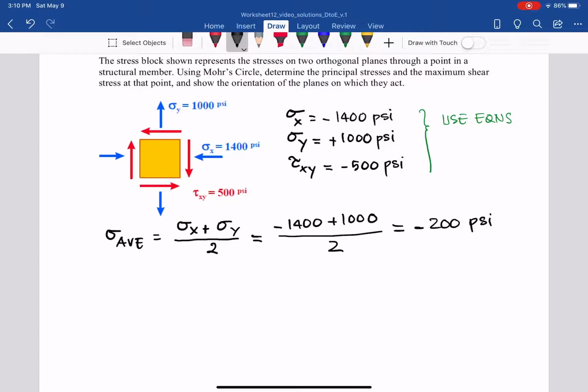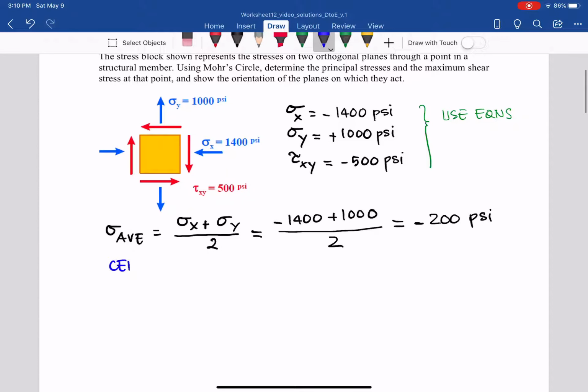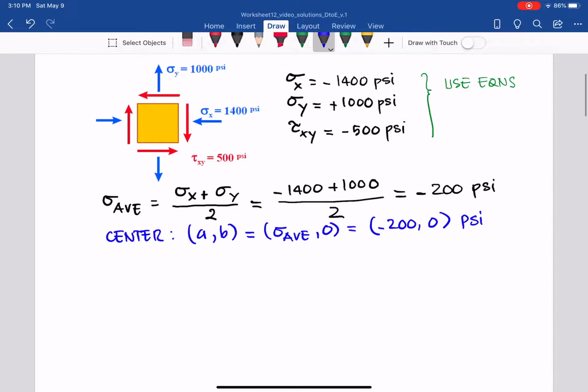So as you can see, the center of the Mohr circle is at sigma average, 0, and in this case negative 200 psi. That's what you have for the center of the Mohr circle.